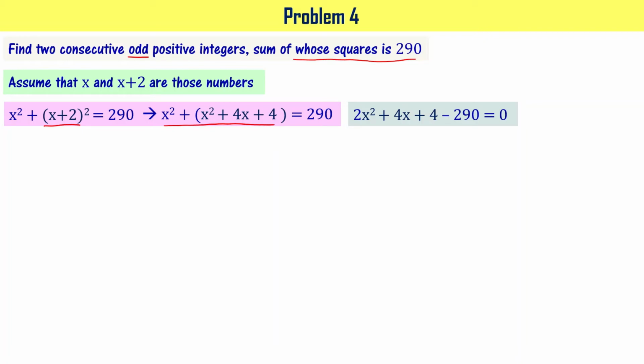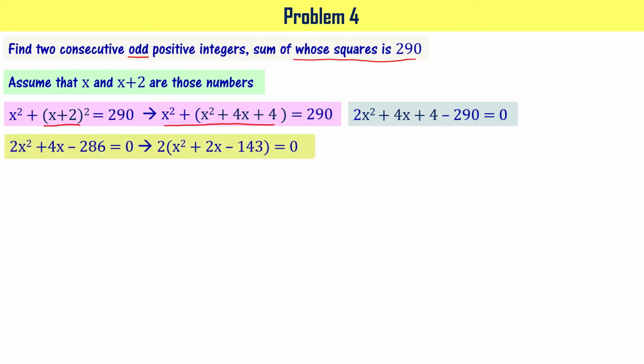This equation can be further simplified and written as 2x square plus 4x minus 286 equal to 0, right? As you see here, these coefficients all have 2 as a common factor, right? Let me take 2 as the common factor out so that it can be written as 2 times x square plus 2x minus 143 equal to 0.